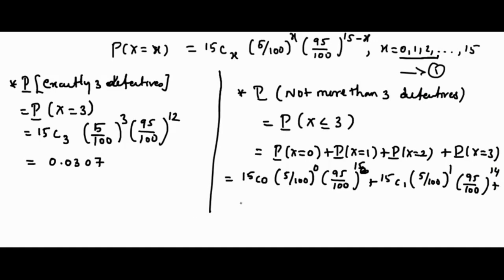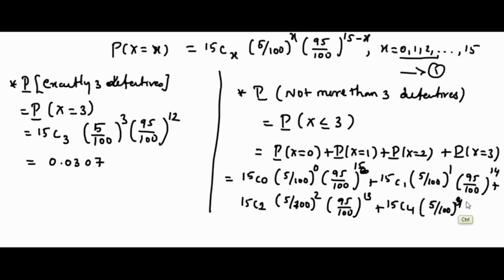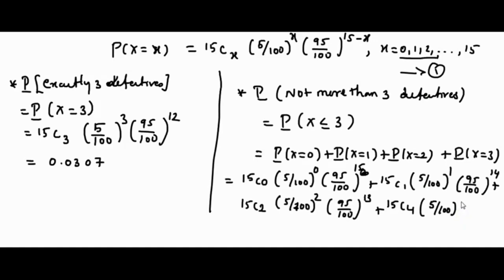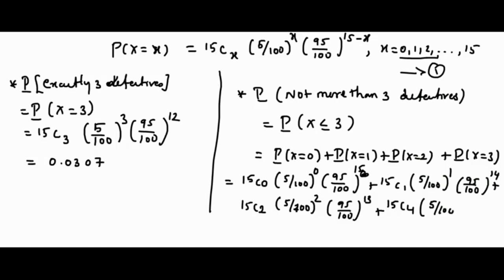Plus, what is the third one? 15 C 2, 5 by 100 power 2, 95 by 100 power 15 minus 2, you get 13. Plus, the last one is 15 C 3, 5 by 100 power 3, into 95 by 100 power 12.